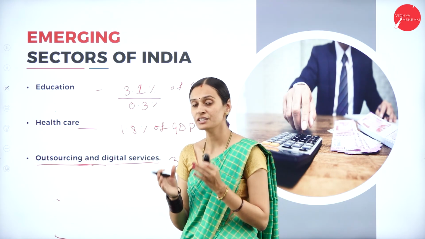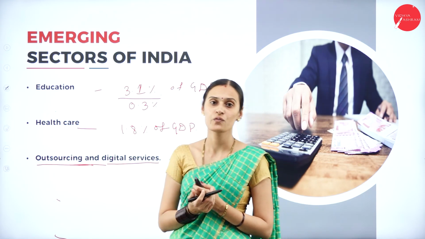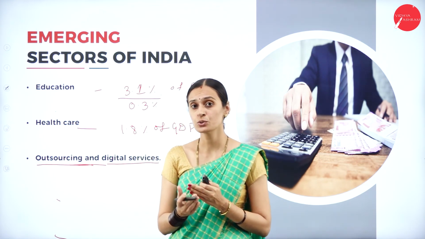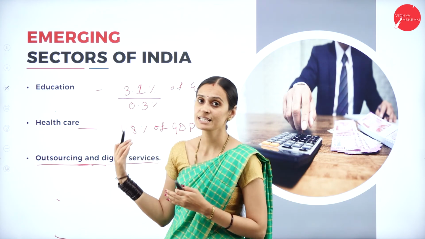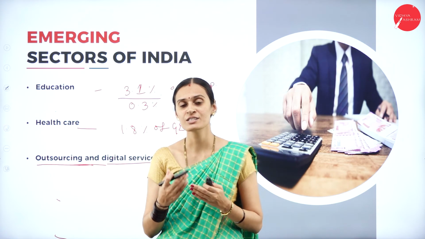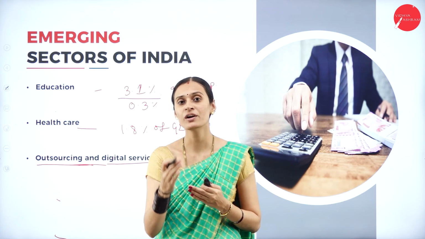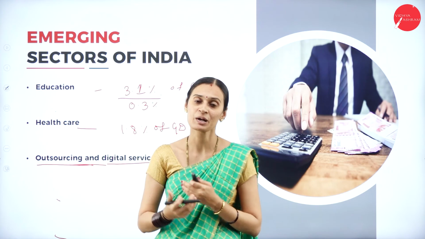So this is the condition of the emerging sector of our country. Yes, my dear students, India is considered a developing country because these features provide evidence of the developing process.